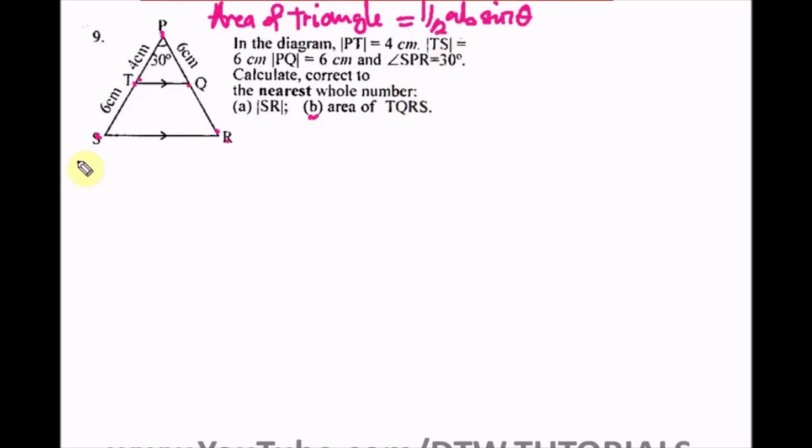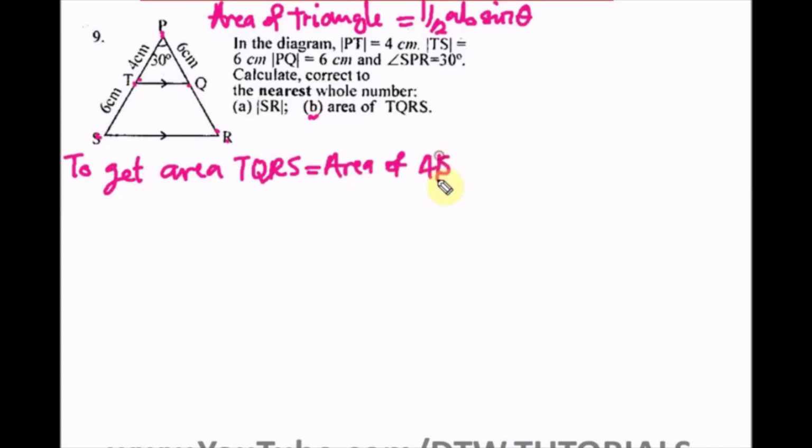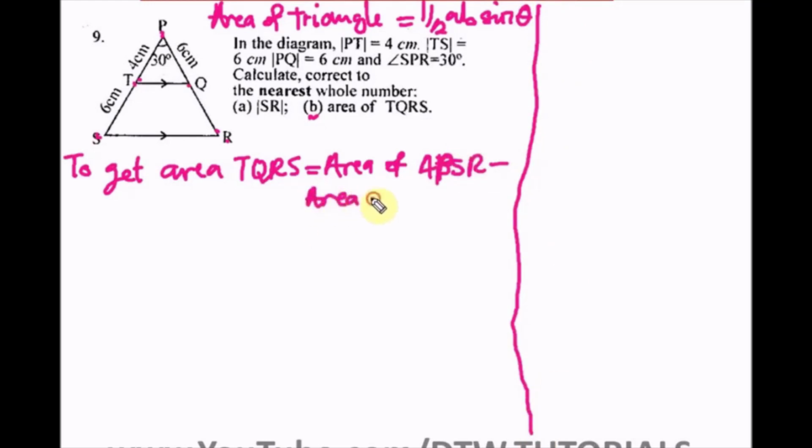So you're also going to state here, to get area TQRS, it's equal to what? The area of triangle PSR, that's PSR, minus, okay, let me draw a line here so we can use this space later on, minus the area of triangle.